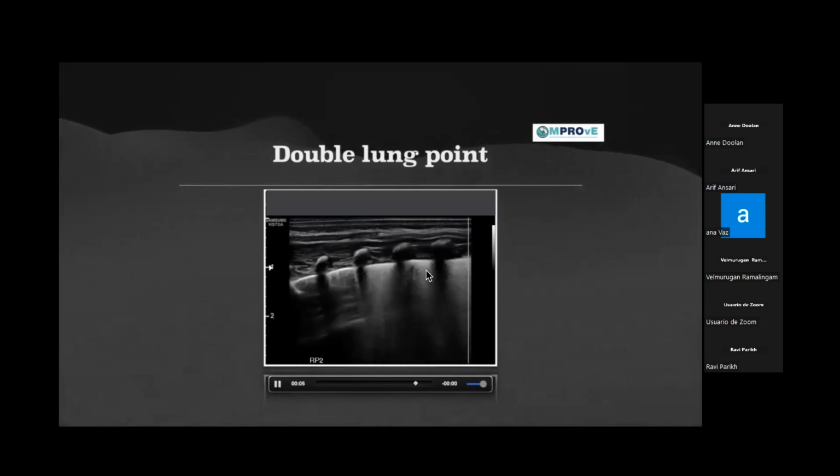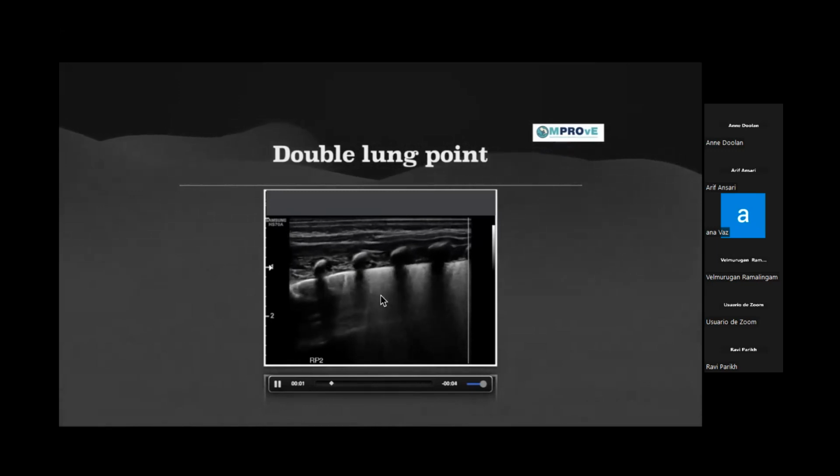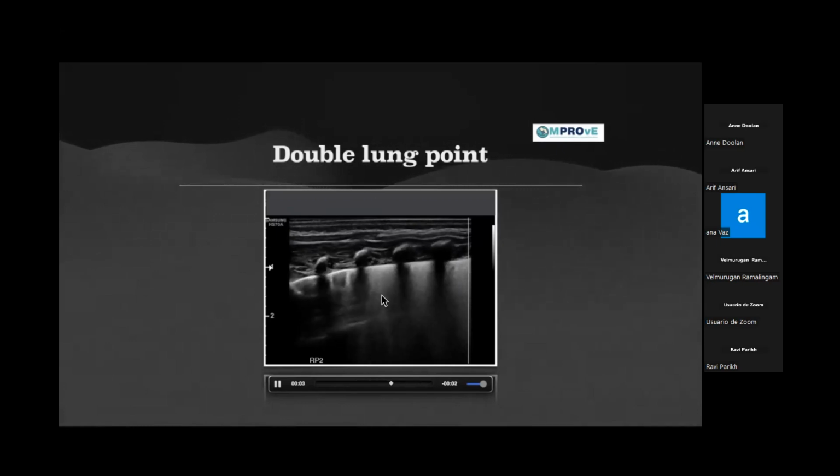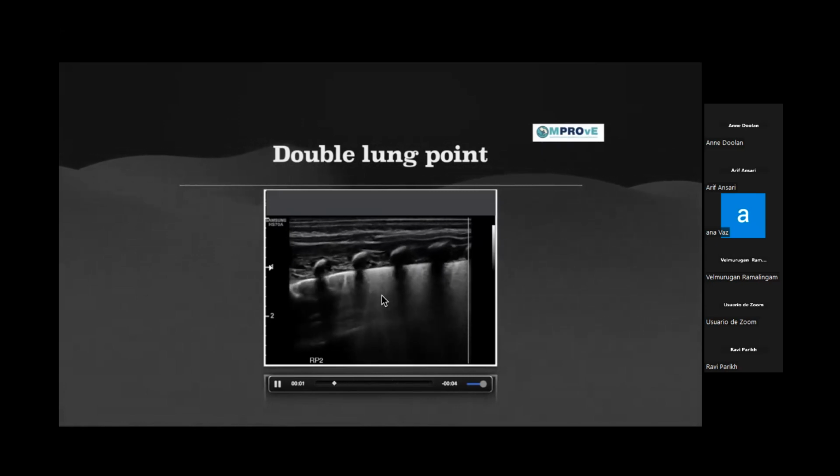Just to add a few more points here, if you are dealing with RDS, because it is a homogeneous disease, you cannot have a lung area where there is surfactant and a lung area where you do not have surfactant. It doesn't work that way. RDS is a global surfactant deficiency.